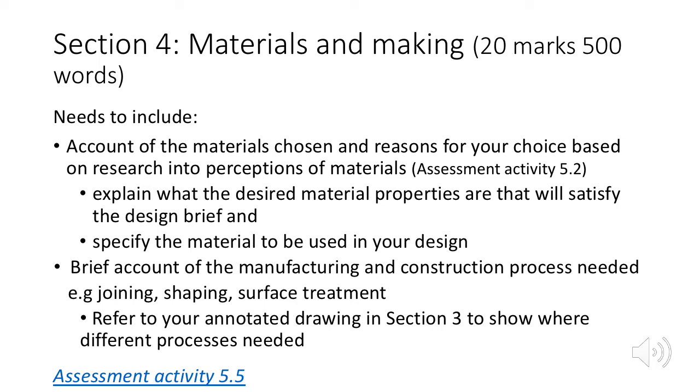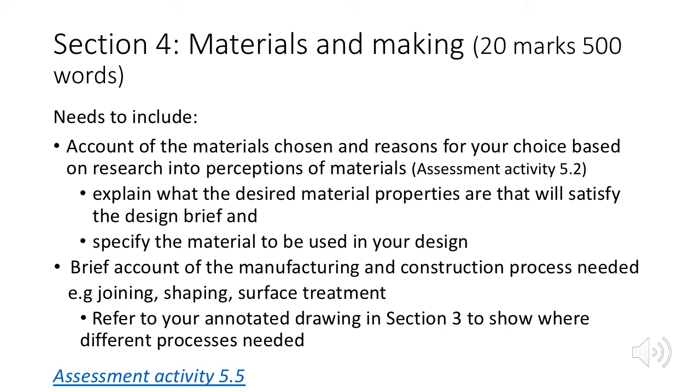And then you need to give a brief account of the manufacturing and construction process that would be needed in order to make your design, in terms of joining, shaping, surface treatment, or any other manufacturing and construction processes that are relevant to what you've designed.